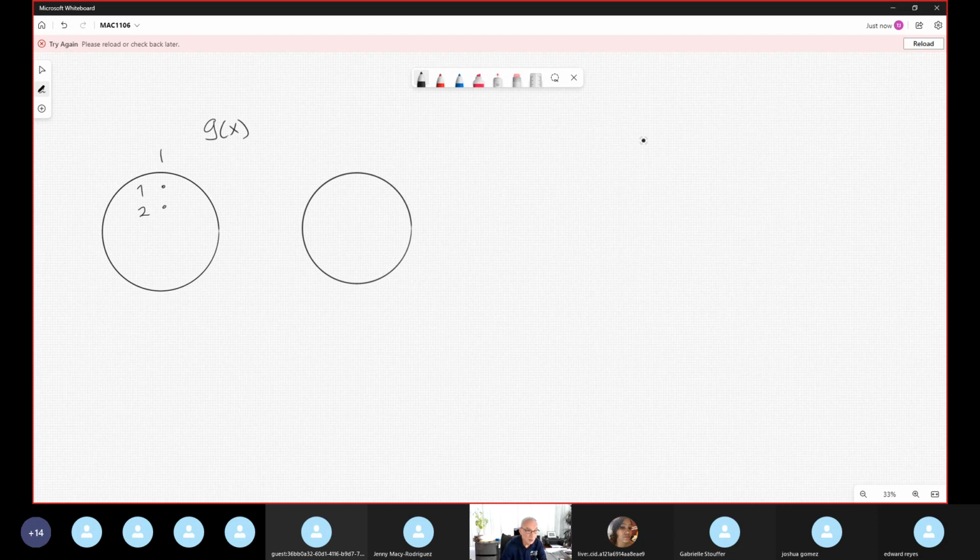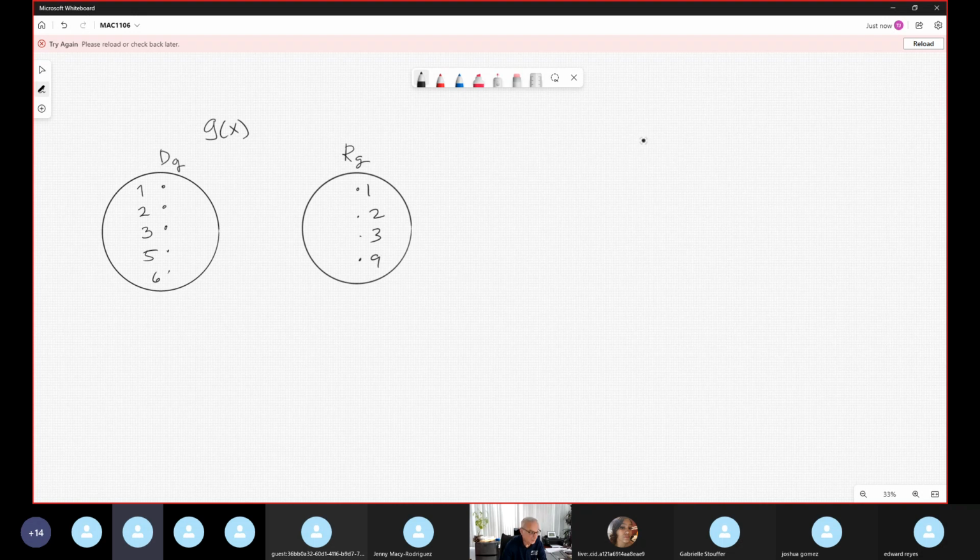This is the domain of g, and this is the range of g. The domain is 1, 2, 3, 5, and 6, associated somehow with 1, 2, 3, and 9.